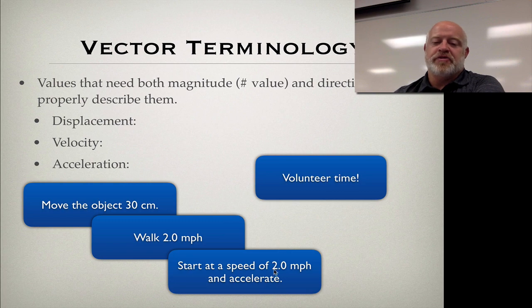Last one, start at a speed of 2 miles per hour and accelerate. If you're at 2 miles per hour and you accelerate, you either have to speed up or slow down, right? You can go to 3 miles per hour, 4 miles per hour, whatever you want to do. You could break into a jog. Or you could slow down and stop. In either case, you're changing the velocity. So if we accelerate, we could say start at a speed of 2 miles per hour and accelerate to the left.